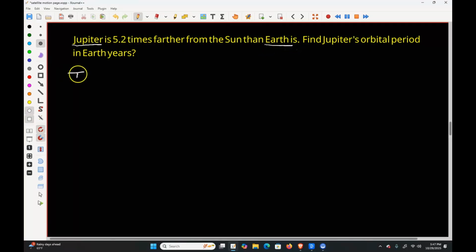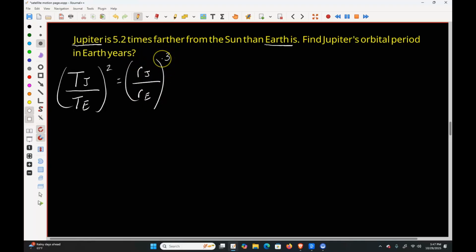So I can say that the period of Jupiter over the period of the Earth, squared, is the radius of Jupiter over the radius of the Earth, to the third power.